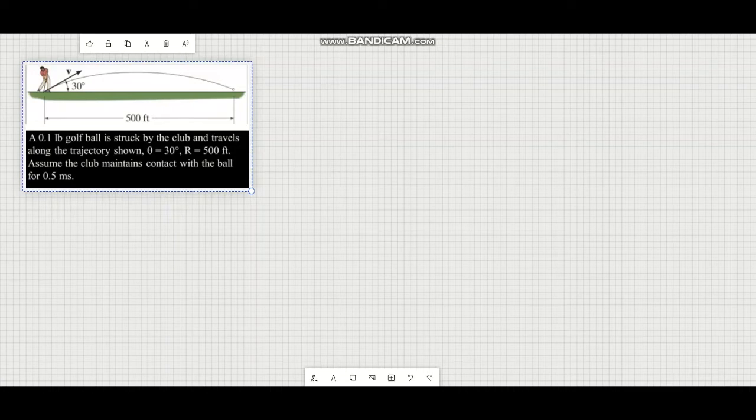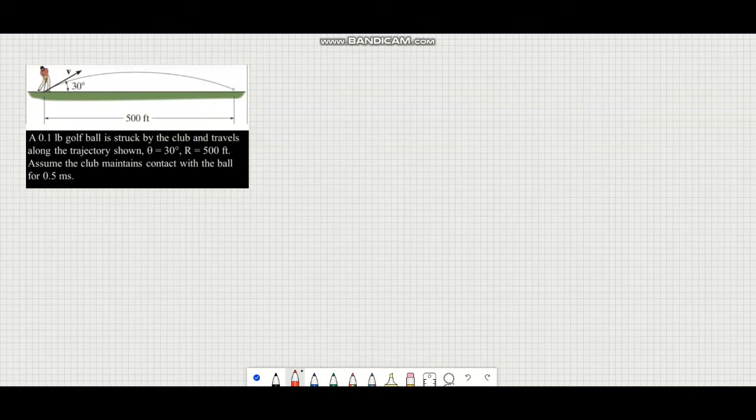In this example, a 0.1 pound golf ball is struck by the golf club and travels along the trajectory shown. The distance is 500 feet: it flies and lands at this point, 500 feet away.